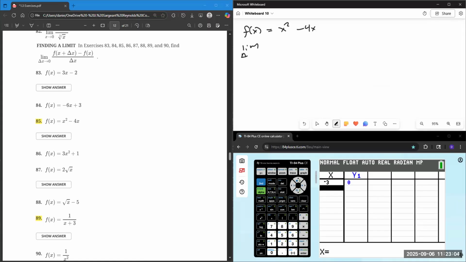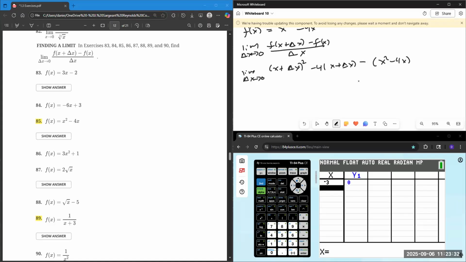Let's find the limit as delta x approaches 0 of f of x plus delta x minus f of x divided by delta x, which will be the limit as delta x goes to 0 of x plus delta x squared minus 4 times x plus delta x, minus my original function x squared minus 4x, over delta x.